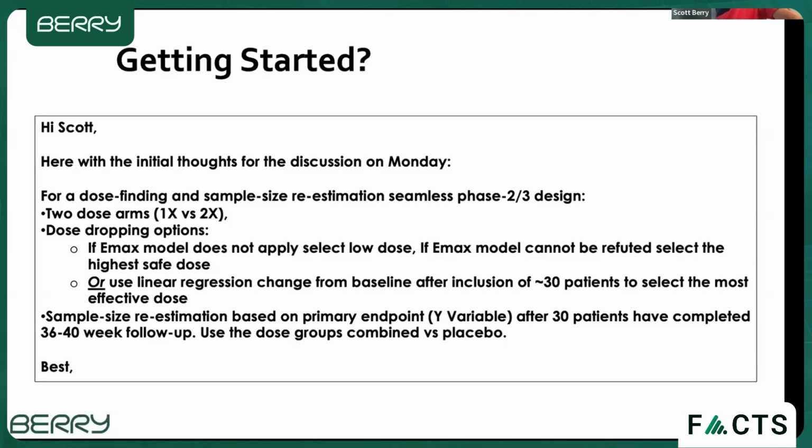They want 2 doses, 1x and 2x, and their dose dropping options. If the Emax model does not apply, select the low dose. If Emax model cannot be refuted, select the highest safe dose. Or use linear regression change from baseline after inclusion of approximately 30 patients to select the most effective dose. And then sample size re-estimation based on the primary endpoint after 30 patients have completed 36 to 40 weeks of follow-up.